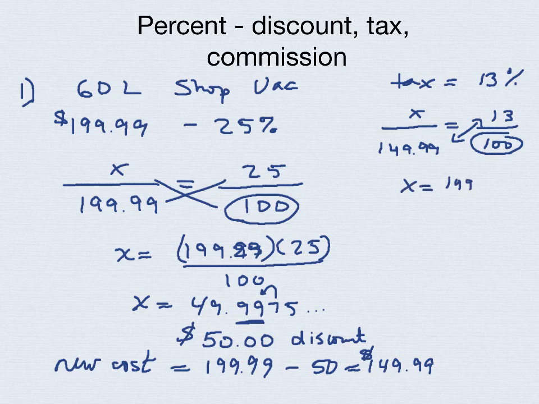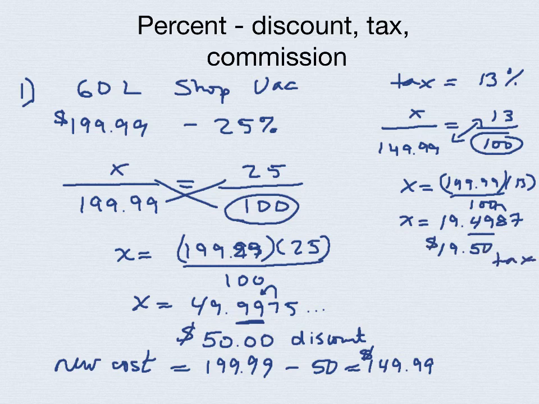So you get your calculator out, you do the math, you divide it by 100. The answer that you get is not going to be nice and neat. Because of rounding, it's going to be 19.4987. Because it's money, again, the nearest cent, the 8's going to round the 49 up to a 50. So $19.50, that's the tax.